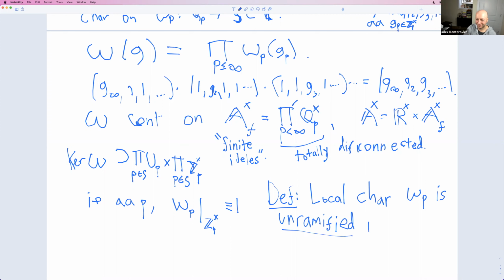I guess I'm a little confused about why. Right, because you're taking this omega as mapping to the circle, right? Yes. And so if I take some element, you're saying that this kernel contains open sets that look like this, yes.